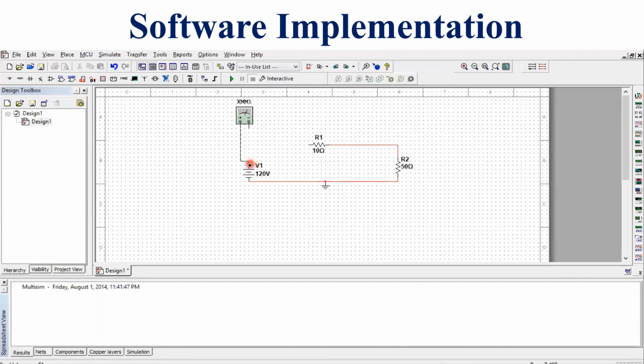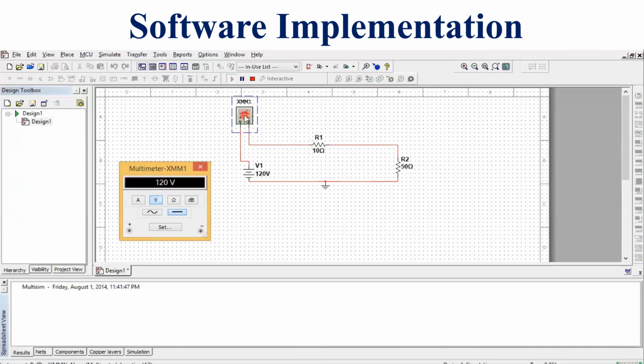So connect this ammeter in series like this and run the simulation. Click on this and move towards the ammeter, and we have 2 ampere current. As we have seen in our mathematical work, the current value is 2 ampere, exactly the same value we calculated. So this is how we can implement KVL and KCL in any circuit for the calculation of voltages and current.